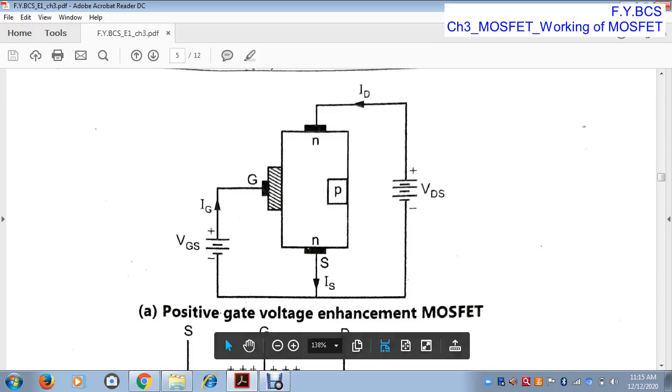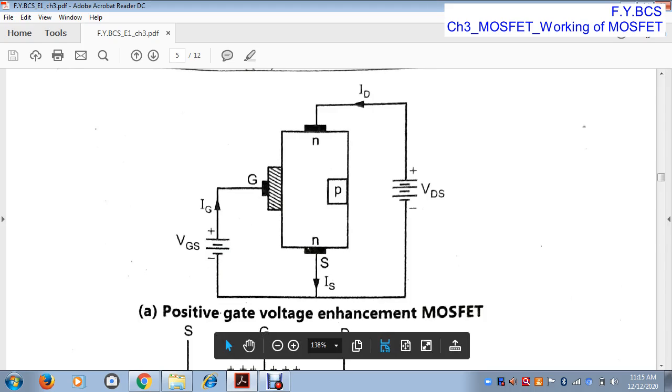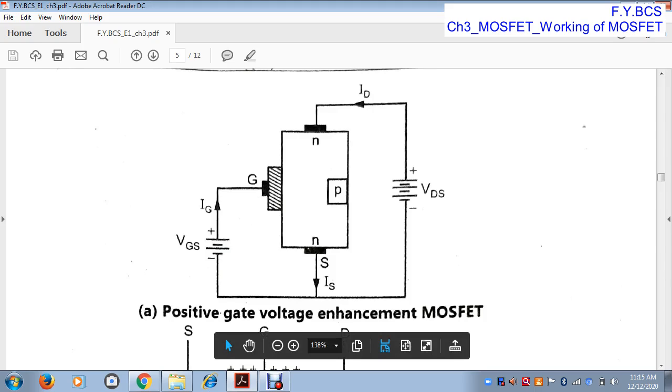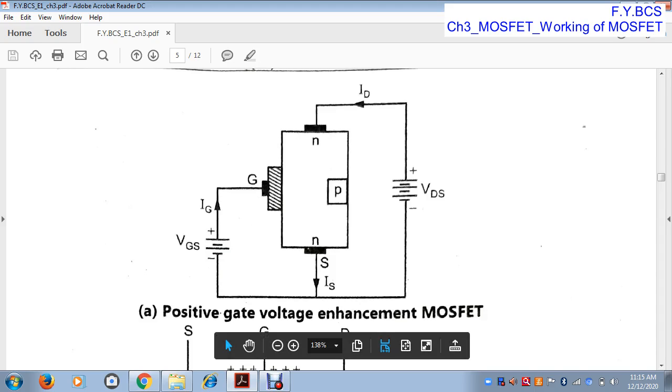Once again I repeat, this is the MOSFET, this is the gate terminal, this is the drain terminal, this is the source terminal, and this is the substrate. This is the N channel MOSFET, because the drain terminal and the source terminal are of N type. Here we provide a positive voltage to the gate terminal. That means the positive terminal of the supply is connected to the gate and the negative terminal is connected to the source.